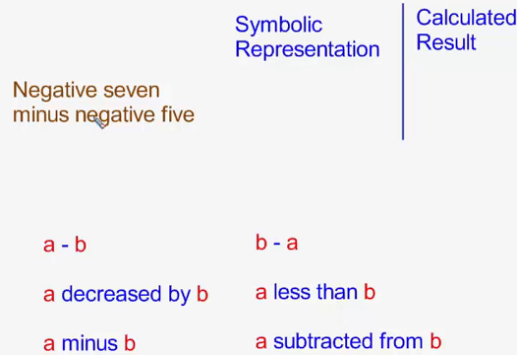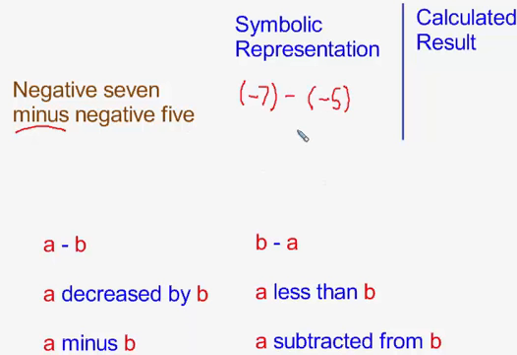In the first example, we have -7 minus -5. So that would be this case, because they use the word minus. A minus B means to write the A first, then the B. So -7 minus -5 would be written the number -7, and then minus means to write a minus symbol, and then the number -5.